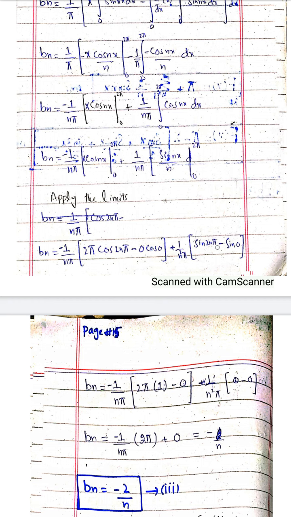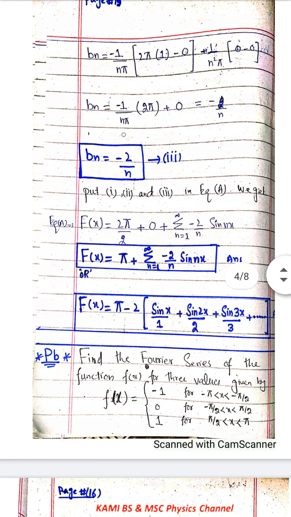Now sin 2n pi is also 0 and sin 0 is also 0. So bn is equal to minus 1 over n pi, this is 2 pi and this gives us 0, so pi is cancelled with pi, so minus 2 by n. bn is equal to minus 2 by n. This is my equation 3.